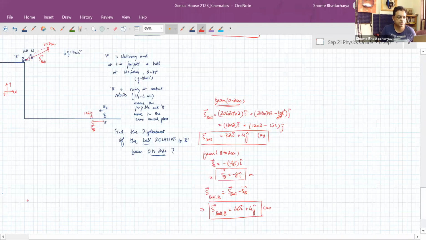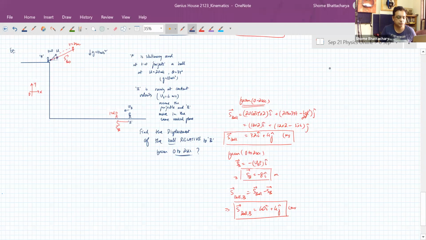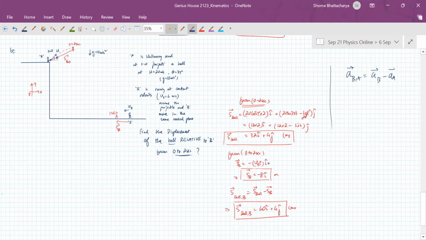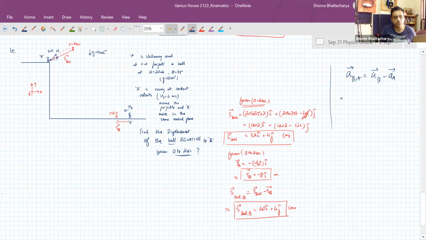When we convert this displacement concept to acceleration, the acceleration of an object B with respect to A is the acceleration of B minus the acceleration of A. When you convert this to Newton's laws, the mass into acceleration of B with respect to A, in the non-inertial frame, becomes the acceleration of B in the ground frame minus the acceleration of A, which is the acceleration of the non-inertial frame, but m into this.